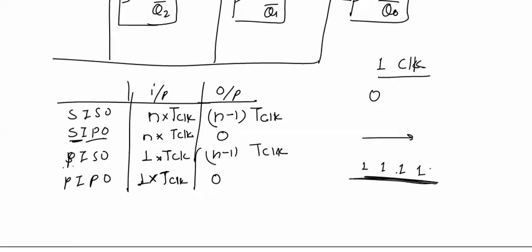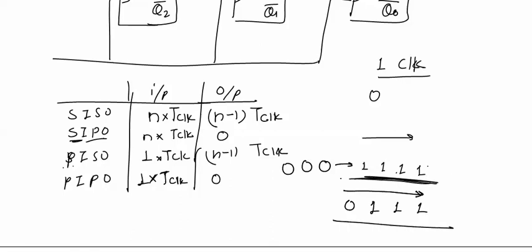These four ones are stored in the flip-flop, and now we have input 0. If the data is shifted to the right, this 0 bit will be added here, so the data will be 0111, and the last 1 will be taken at the output. So the decimal value of this is 15, and the decimal value of this is 7. Data will be reduced.